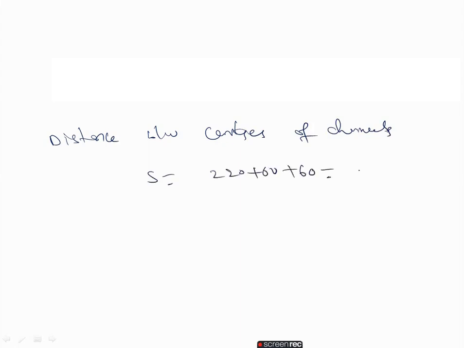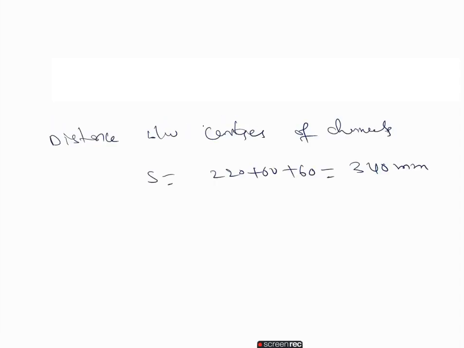So while calculating the distance between centers of channels, that is S equals 220 plus 60, you will get 340 mm. Now we are going to design the battens.